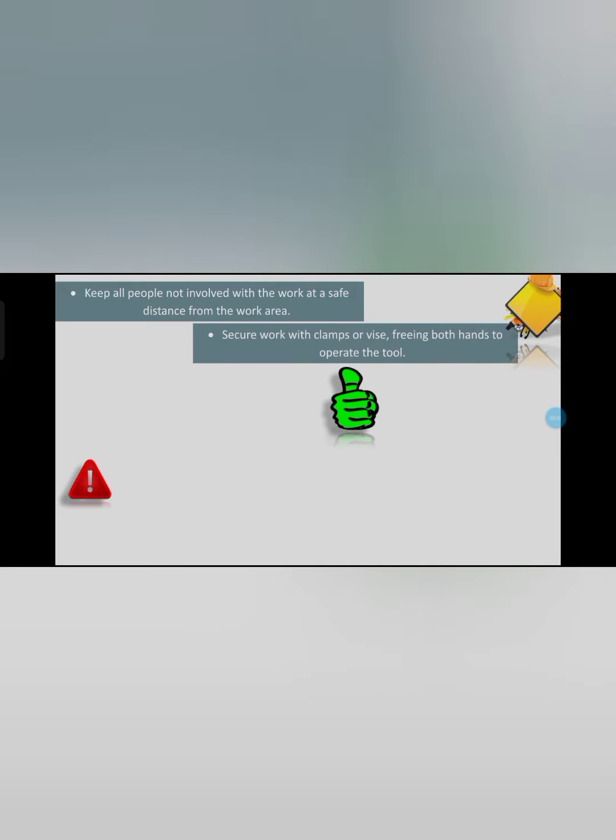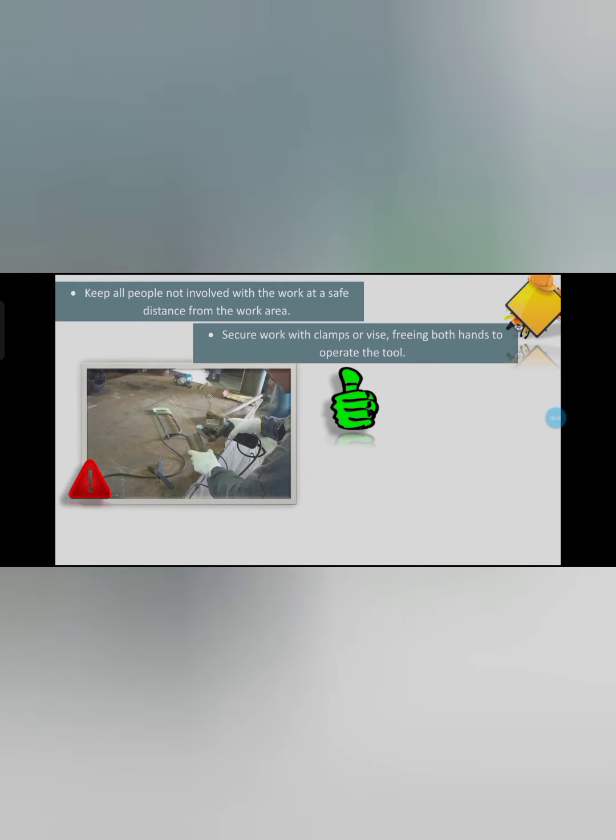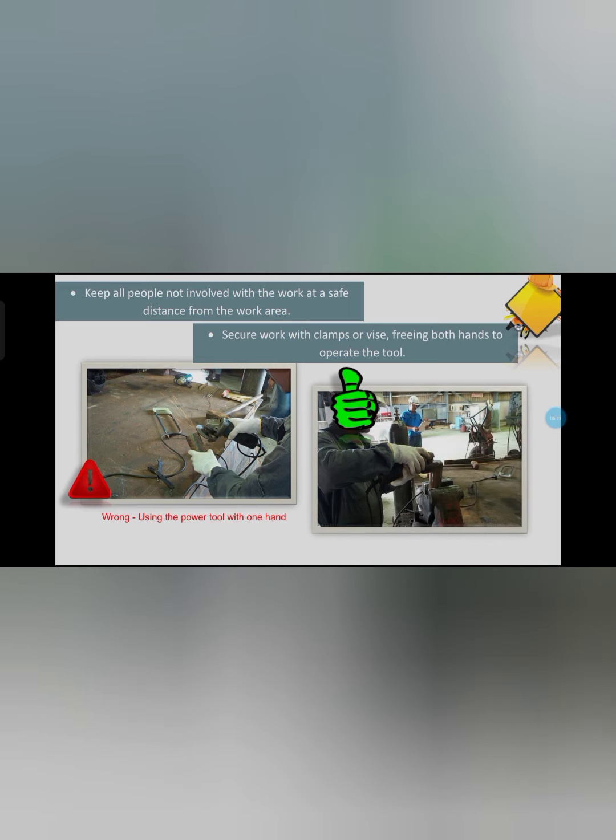Secure work with clamps or a vise, freeing both hands to operate the tool. In our picture, he is handling his tool with one hand, very bold of him. That is wrong. Using a power tool with one hand is dangerous.